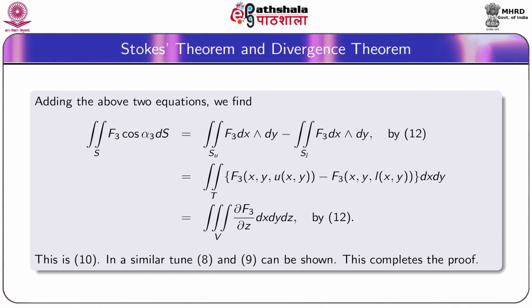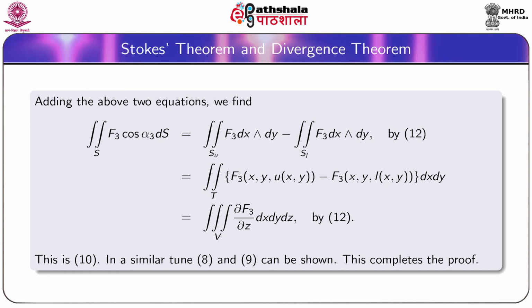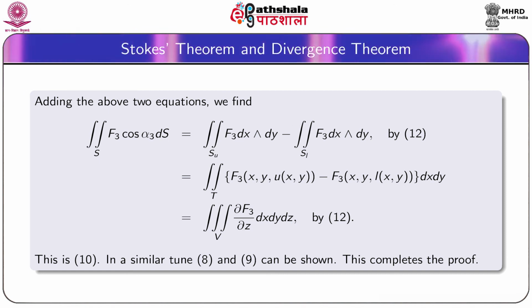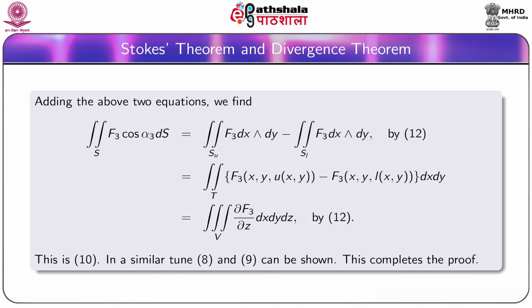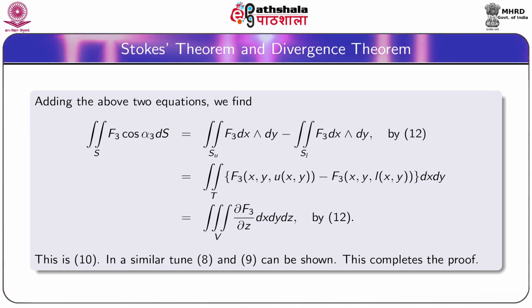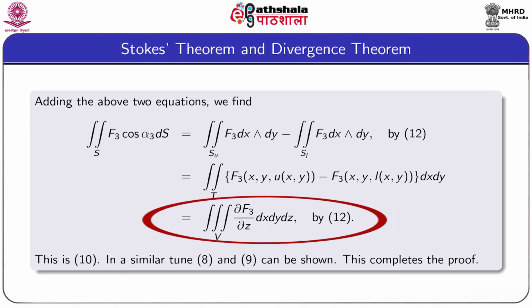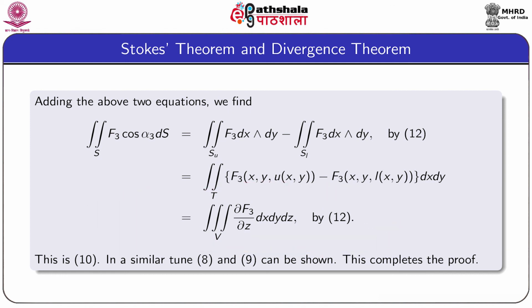So, this equals the double integral over T of f3(x, y, u(x, y)) minus f3(x, y, l(x, y)) dx dy. This equals the triple integral over V of ∂f3/∂z dx dy dz. So, this is one of the three equations we are trying to prove. In a similar way, the other two can be proved. This completes the proof.